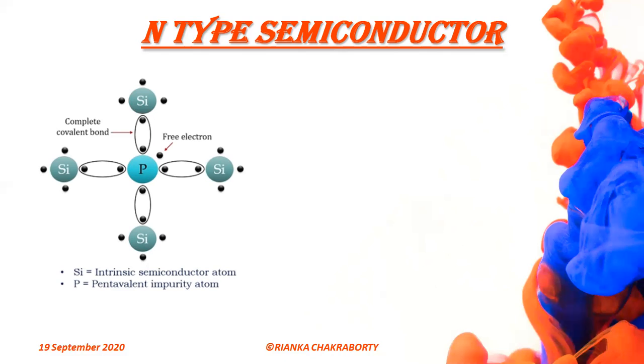Phosphorus has 5 valence electrons in its valence shell. 4 of the 5 valence electrons of the pentavalent impurity atom will form covalent bonds with the 4 valence electrons of the neighboring silicon atoms. The 5th valence electron of the impurity atom is loosely bound to it. Therefore, this electron can be easily detached from the atom and set free.